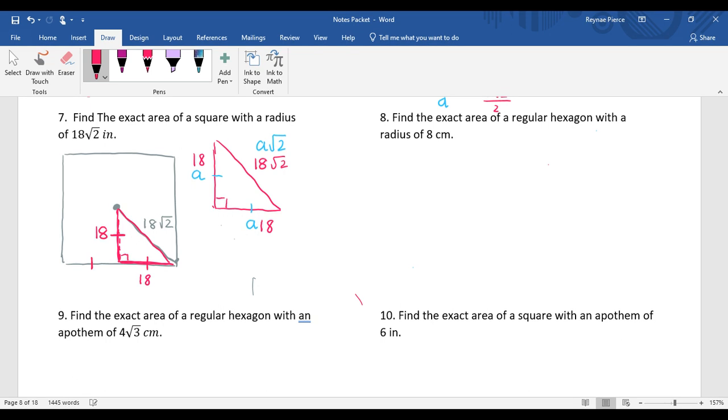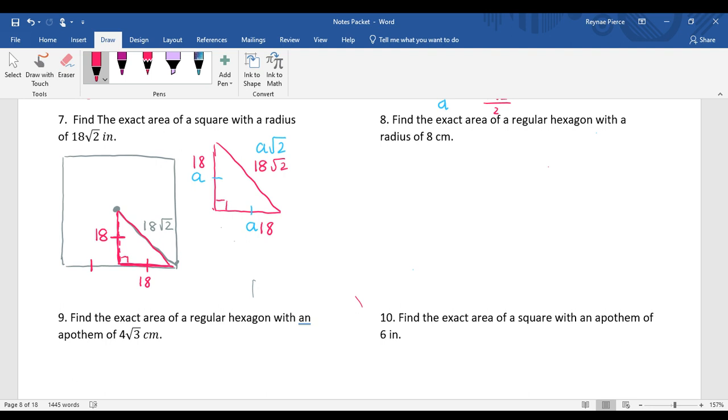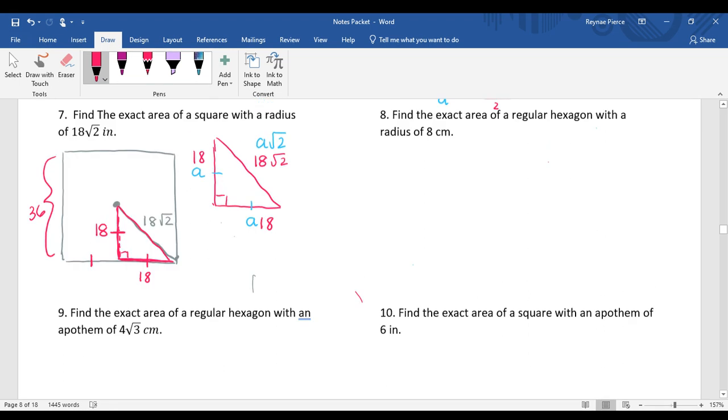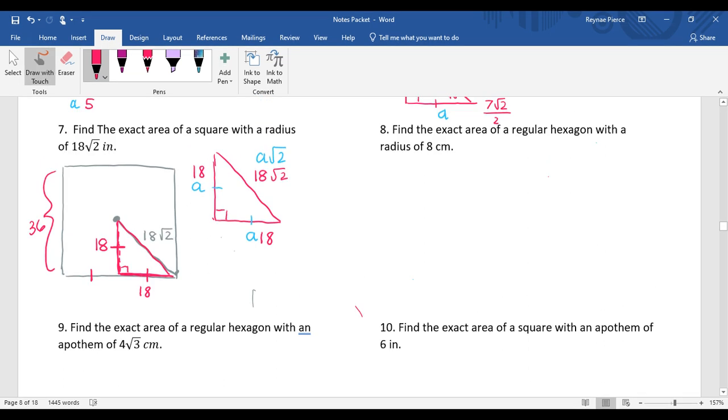But remember the apothem bisects one side. So since half of that side is 18, one side is 36 inches long. Area of a square, we can just do side times side. And 36 times 36 gets me an area of 1,296 square inches.